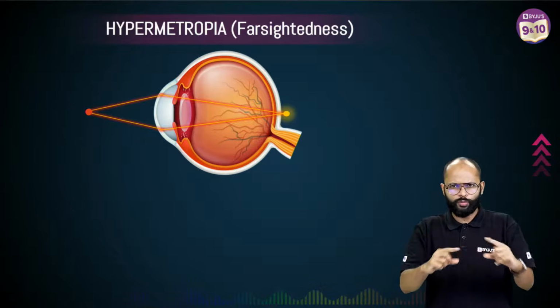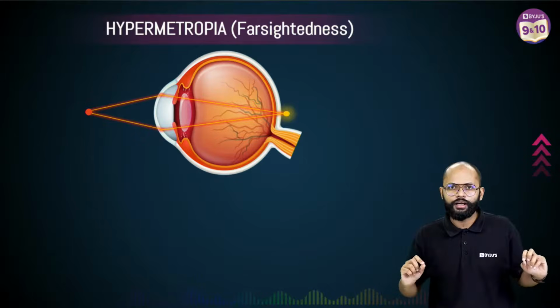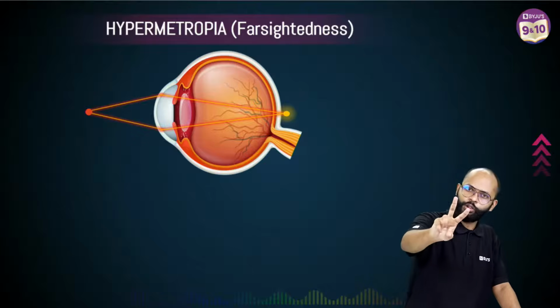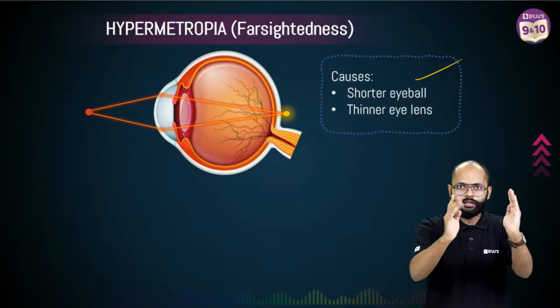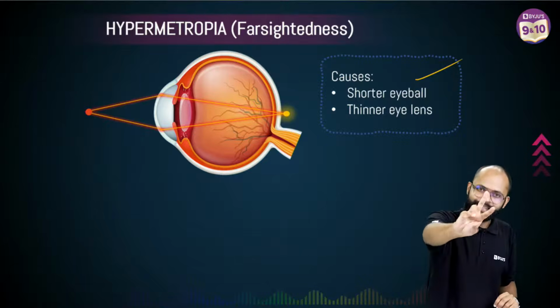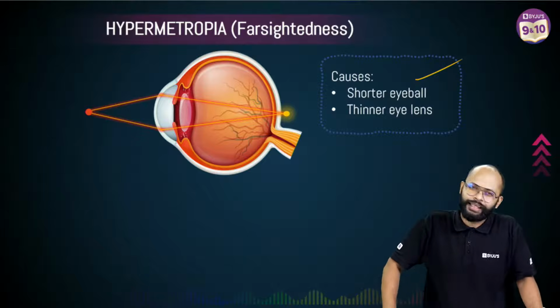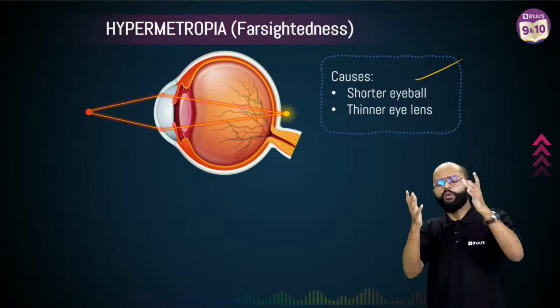It cannot converge more. So light rays are reaching beyond the retina. There are two ways this is possible. Either your eyeball has become short, or I would say your screen has come closer. This is one way. Second is your eye lens is thin. Getting it? Right? So are you understanding how to remember all these things?